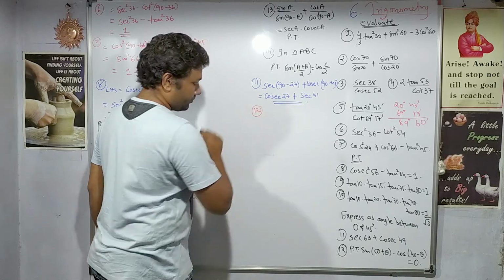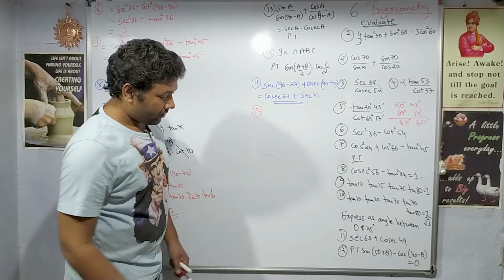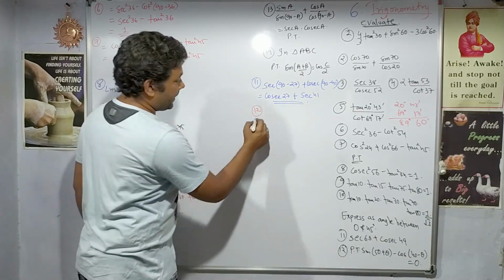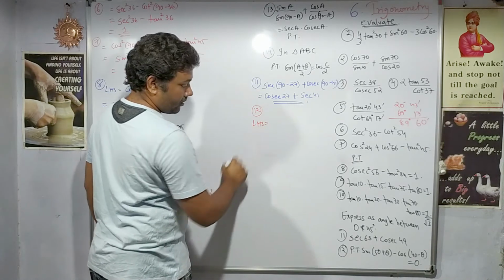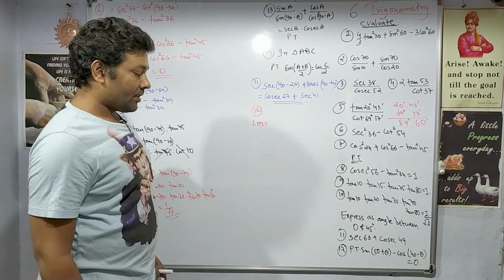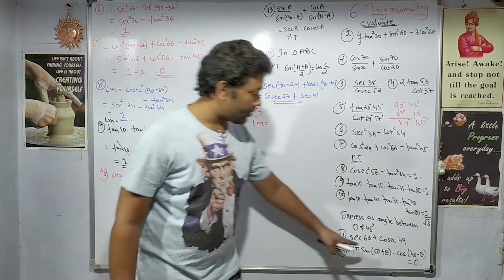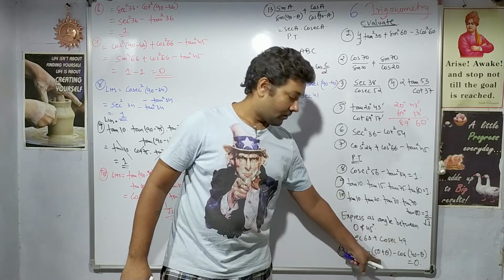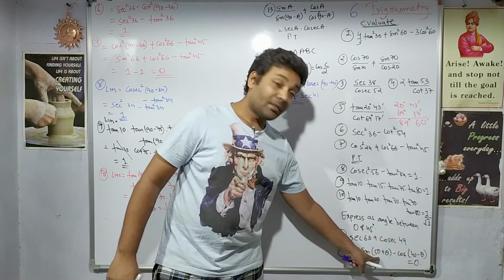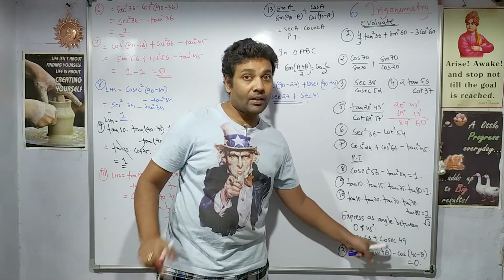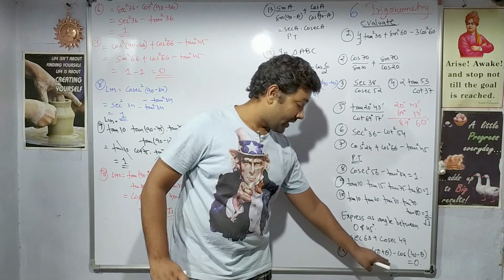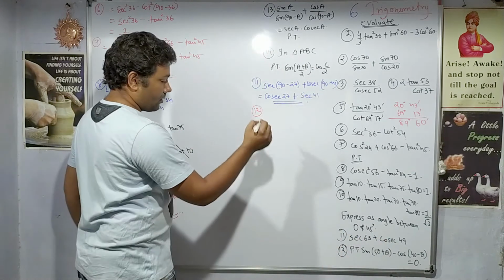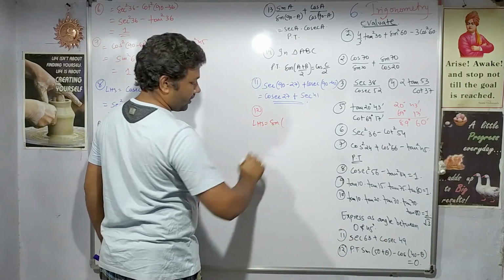12th one. Prove that. Right? So we'll take LHS. Sin 50 plus theta. Now again these two, if you see, add these two angles, what do you get? 90. So again the same concept, complementary, but be careful. So how will we apply sine?